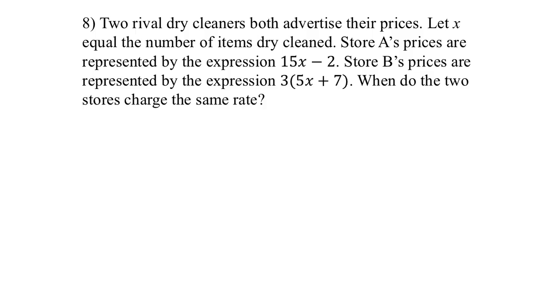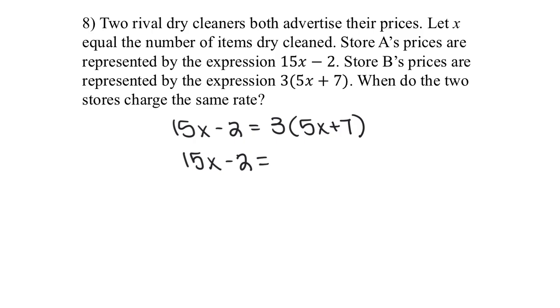Okay. So the problem will be 15x minus 2 equals 3 times (5x plus 7). Yeah, 7. You are correct. Alright, and then you can bring down the 15x minus 2. Very good. It's fully combined, you can't do it anymore.